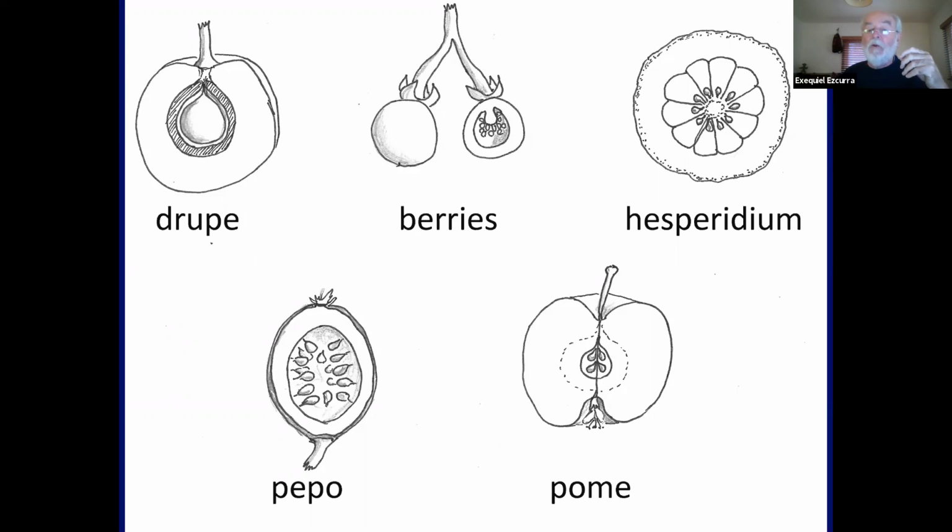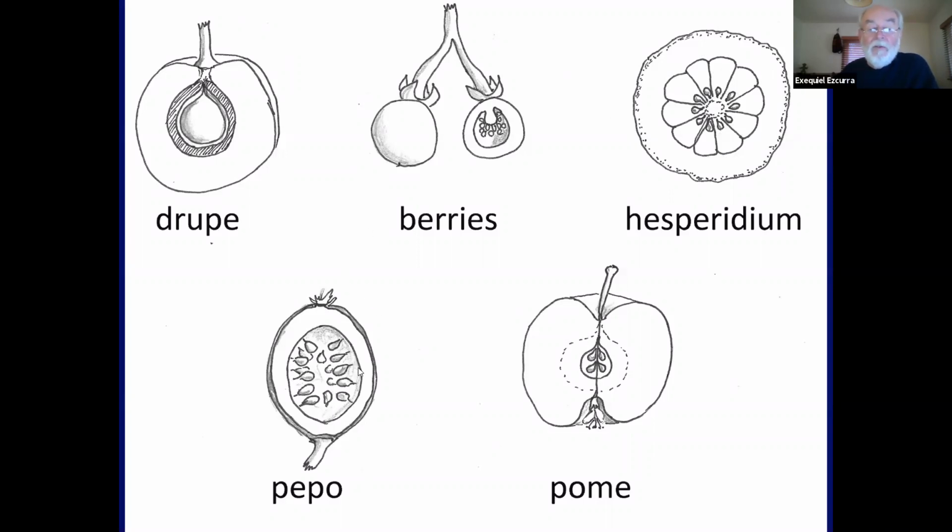That is the reward for the seed disperser. The fleshy thread-like structures that develop inside each of the carpels. So this type of fruit is specific to the citrus family, and it's called a Hesperidium.